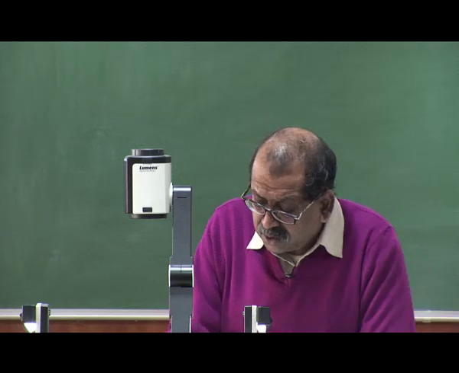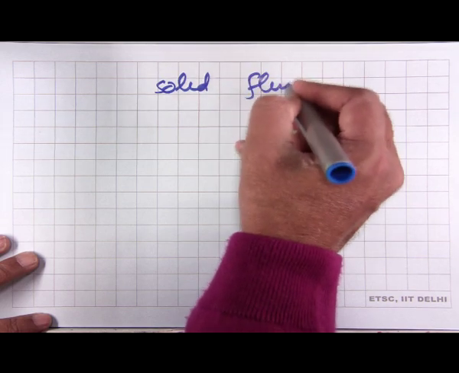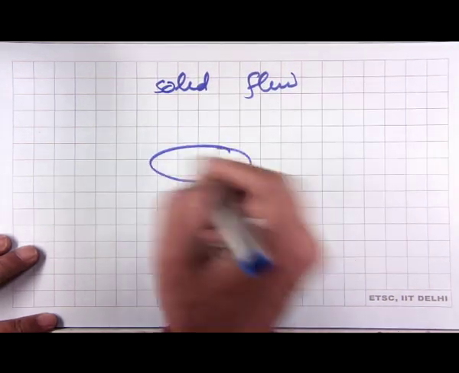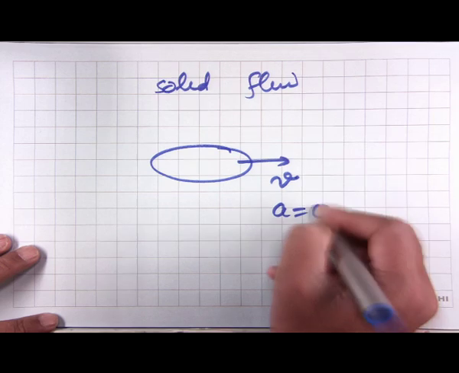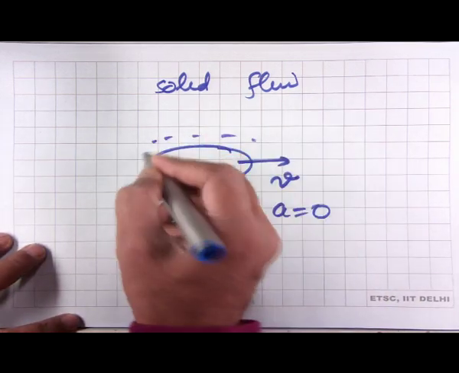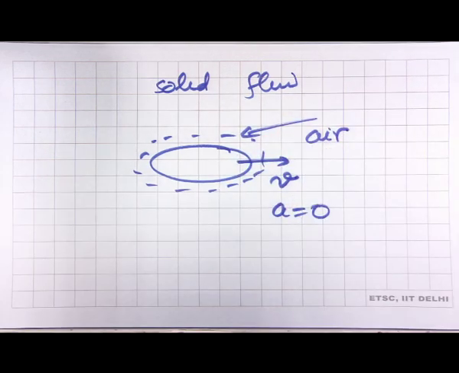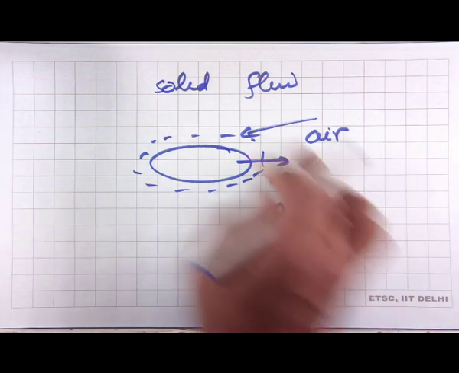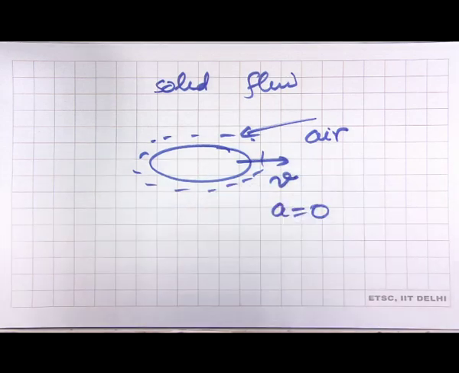But when we have a solid in contact with a fluid, let us say this plane, which is moving with the velocity v, let us say the acceleration is 0, and surrounding this is air. So, now the air will also exert some force on this body, a friction.